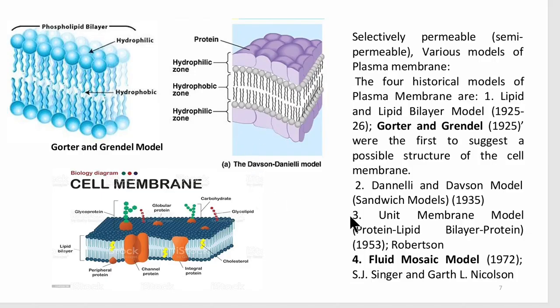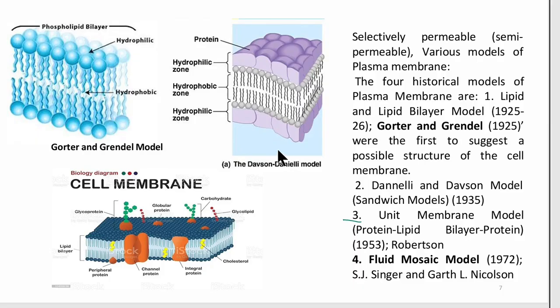The next model is the unit membrane model, given by J. David Robertson in 1953. It was the protein-lipid bilayer-protein structure.